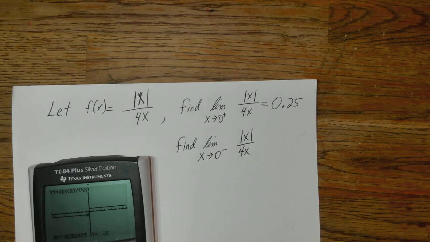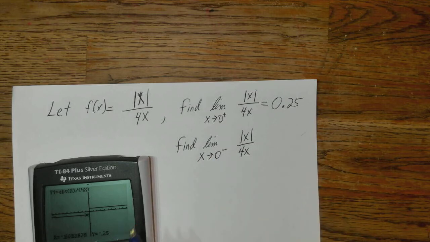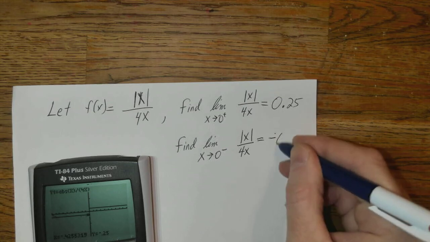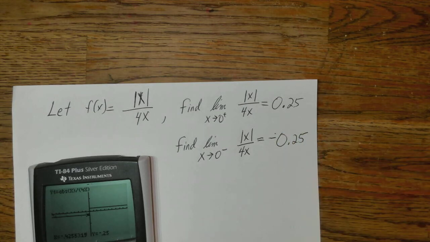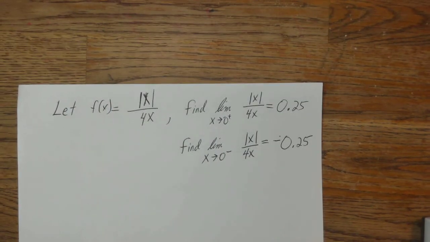Now from the negative side, from the left side, as we get closer to 0 from the left, notice that this is always just negative 0.25.